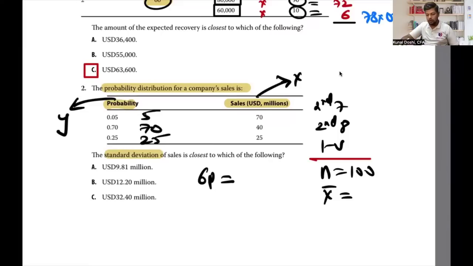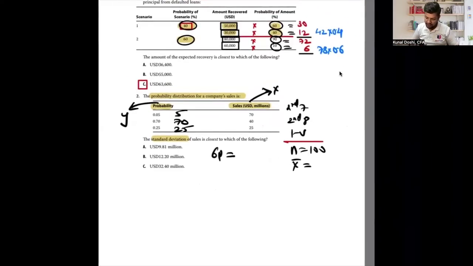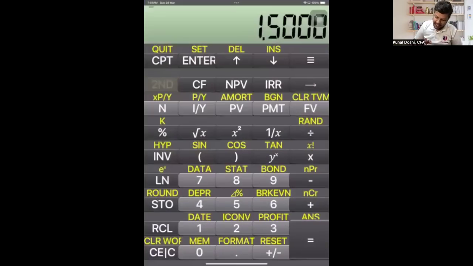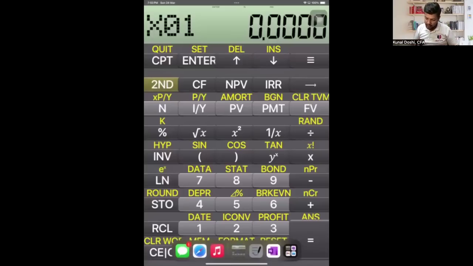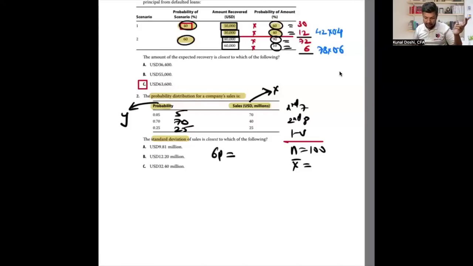Correct? So let's do that. You'll put these values into the function. So first thing, second 7, I will clear the previous entries. Second clear, I'll just confirm it. Okay, great. Now in x01, you have 70 and 5%, 40 and 70%.